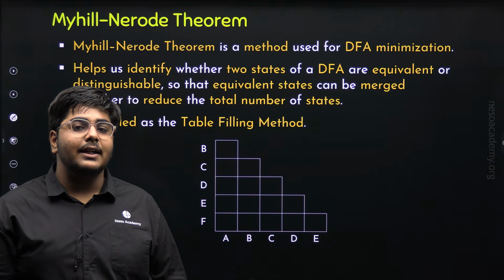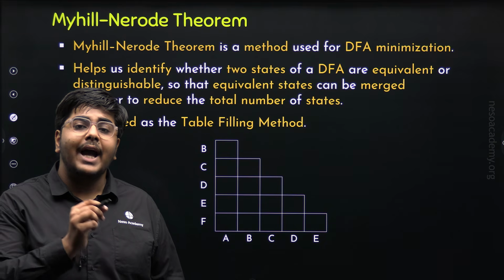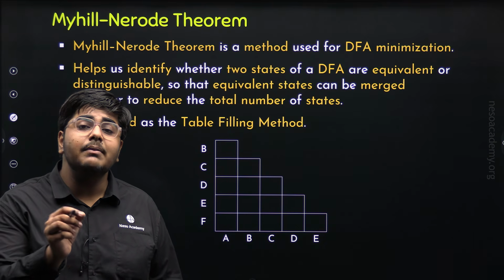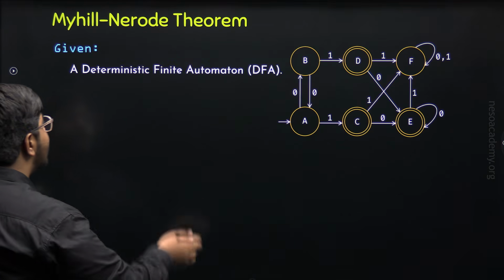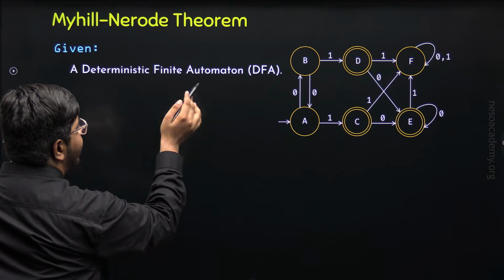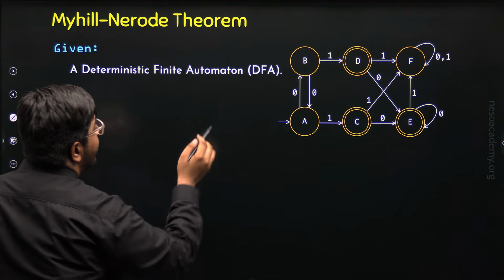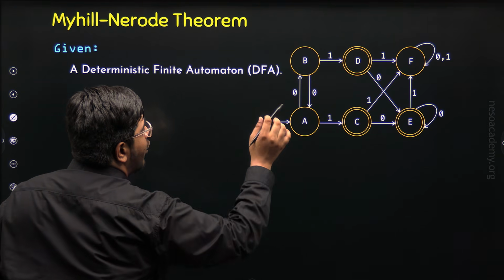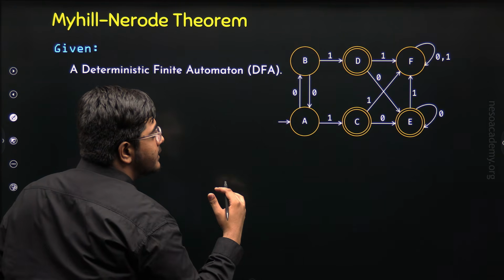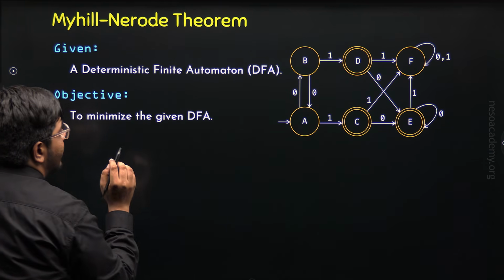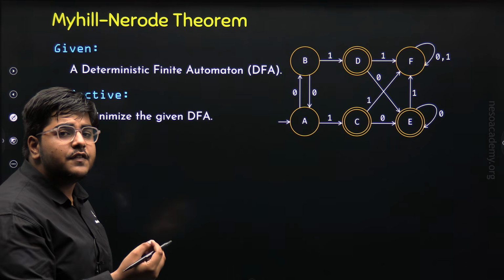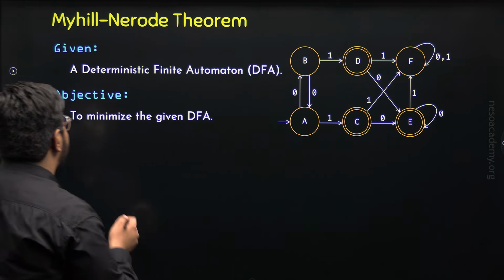Now let's understand how to apply Myhill-Nerode theorem to actually minimize a deterministic finite automata. So given is a deterministic finite automaton, that is DFA. This is the transition diagram of a DFA that is given to us. And our objective is to minimize the given DFA, that is, to reduce the number of states of this DFA.